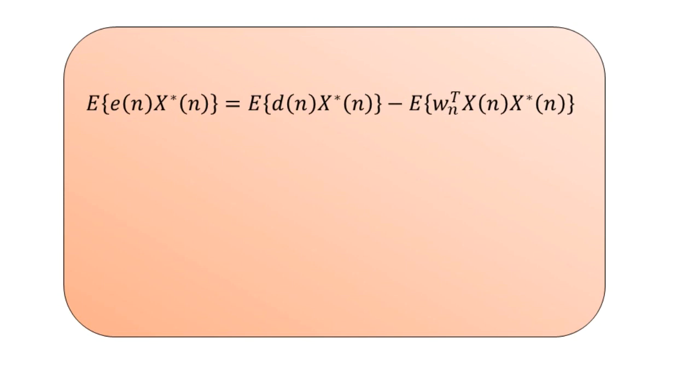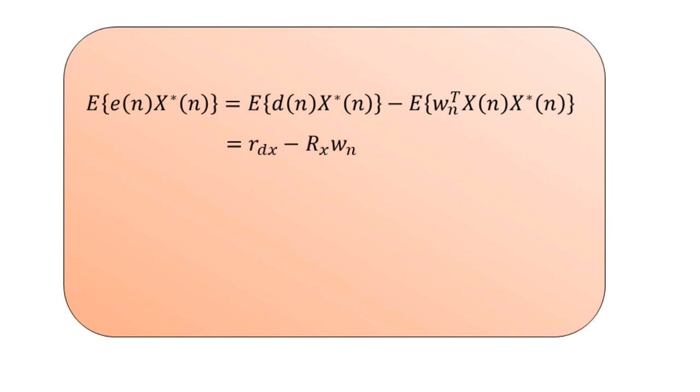So simply we can denote it with the help of the statistical matrix, small r suffix dx, minus capital R suffix x into the vector of weights w suffix n. The meaning of the symbolic notations is the same as what we started with in the first topic of this particular chapter.